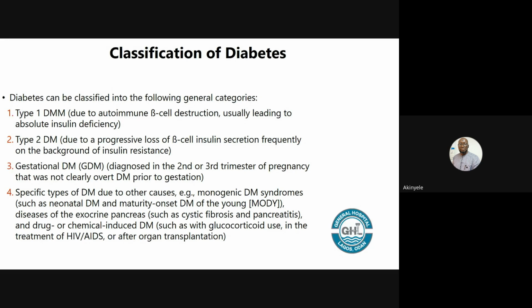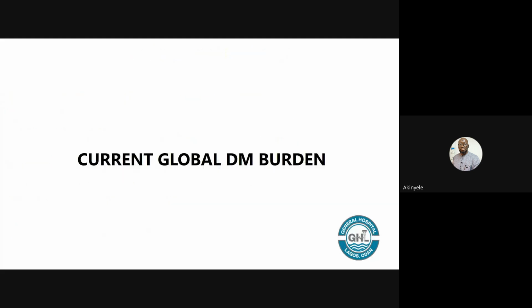So also people who have abused steroids over a long period of time, patients who are on treatment for HIV, for example, now we see a lot of patients who are on dolutegravir coming down with diabetes, or even after organ transplantation because of the high steroid doses that will be used to prevent transplant rejection. So these other cases can also result in diabetes.